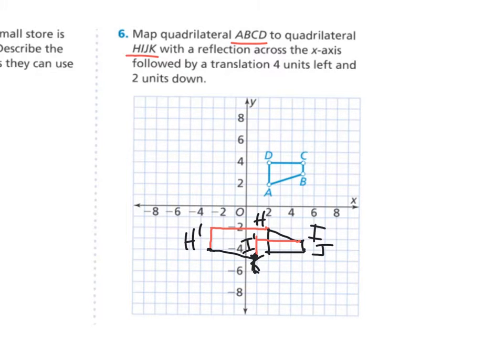Okay, so then J prime will be 1 unit below that, and then K prime will be over here. So something like that. And again, I know it's a little bit of a mess here. I've got all these lines drawn and stuff, but that's what that would look like.